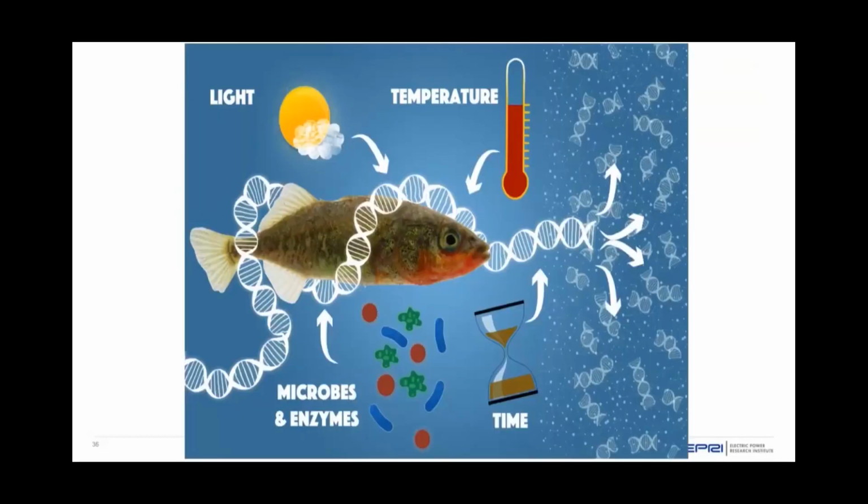And then there are many things that impact how the DNA persists in an ecosystem. And I just wanted to give you a little start to this. But there are lots of environmental factors that impact and change the way DNA degrades or persists in an ecosystem. Everything from light and temperature to time when thinking about microbes and enzymes.